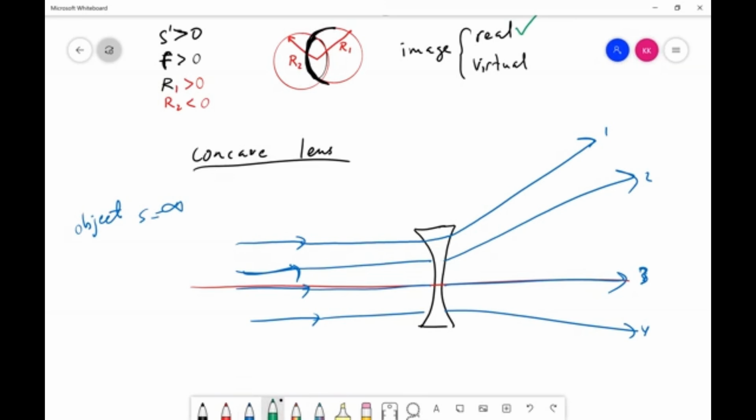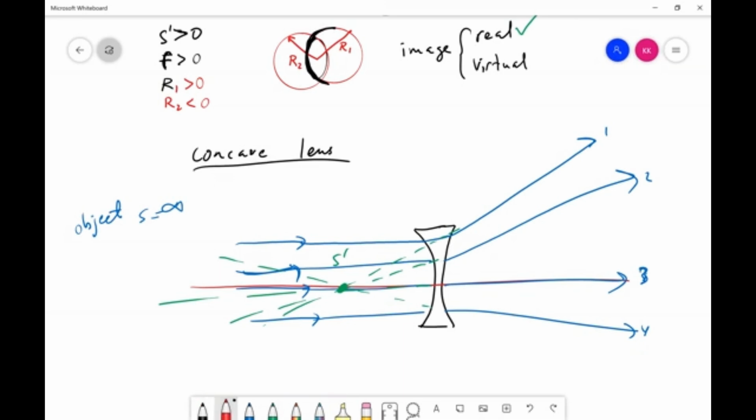Well, we take those outgoing rays and virtually trace them back. And where they virtually converge, that will be the image distance. Okay, so that's where the image is for a concave lens.